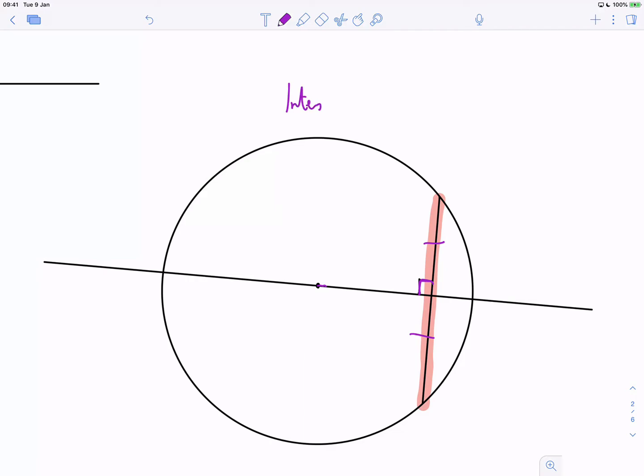So the intersecting chords theorem is that if the radius is perpendicular to a chord, then it bisects it. Okay, and vice versa. If a radius bisects a chord, then it is perpendicular to it, and vice versa. If it's perpendicular to a chord, it bisects it.